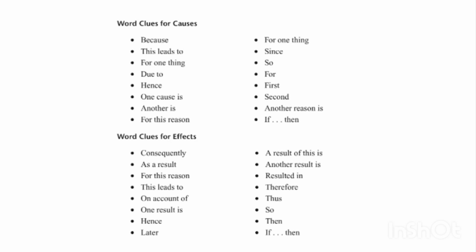So that's a silly example, but I'm just giving you how it would be if you're supposed to see these words. So these are just examples of clues that will help you to find out the cause and the effect in a passage.